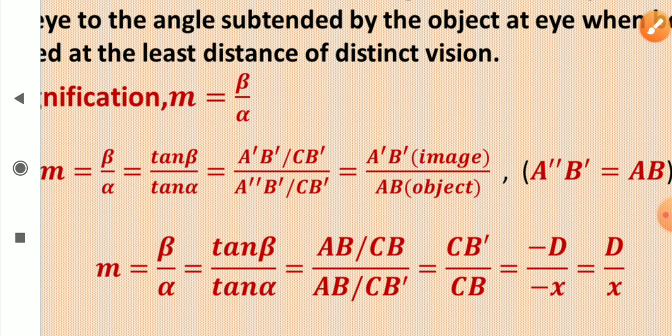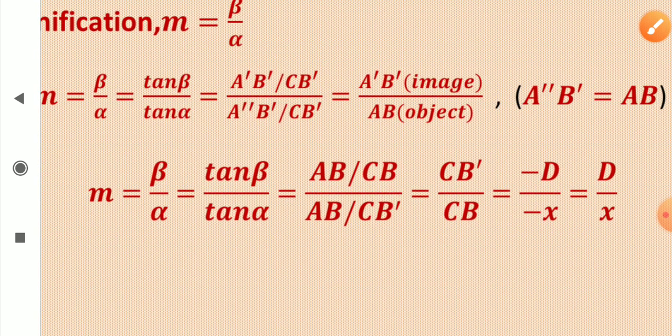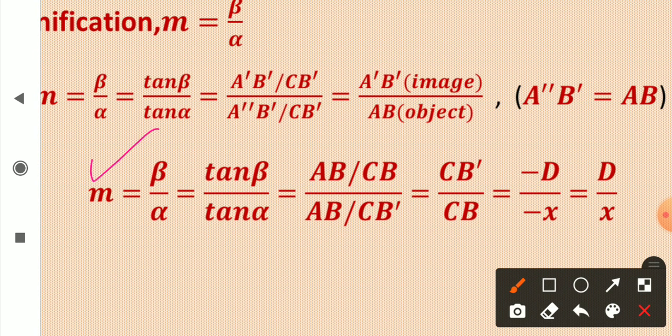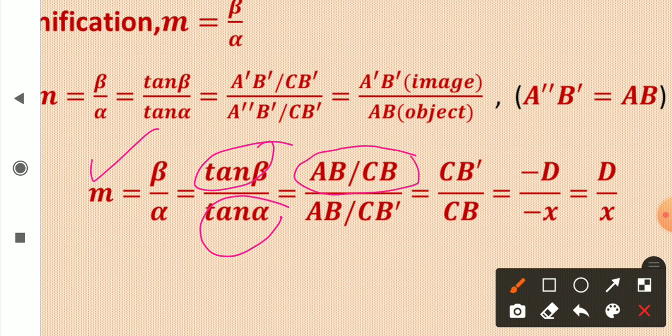So now the same magnification can be found out, or the values of tan beta and tan alpha can be found out, using different triangles. So I have just shown you from the smaller triangle tan beta is AB upon CB and tan alpha is the same as this one.